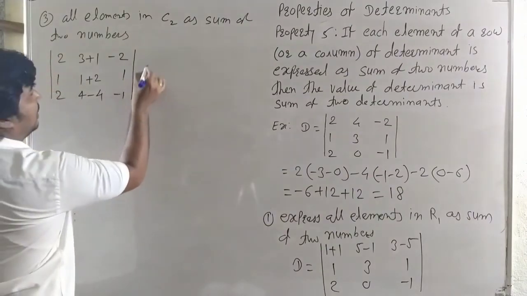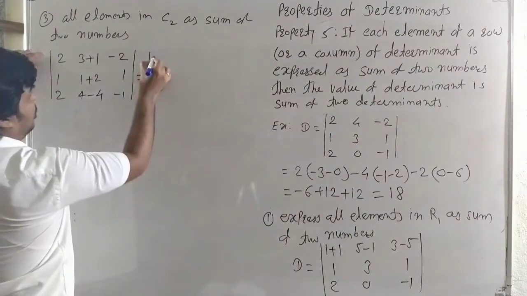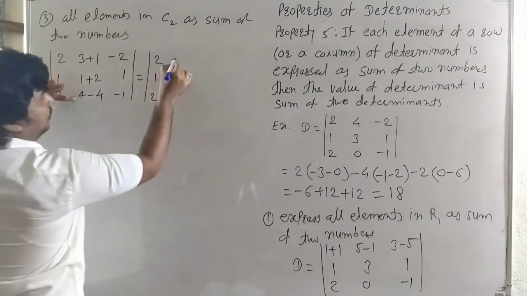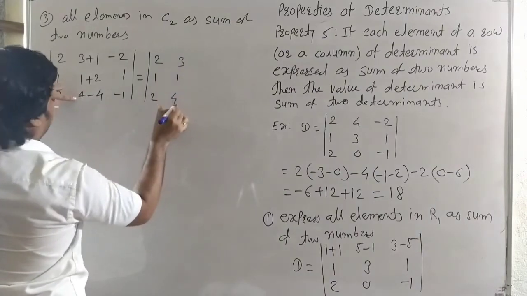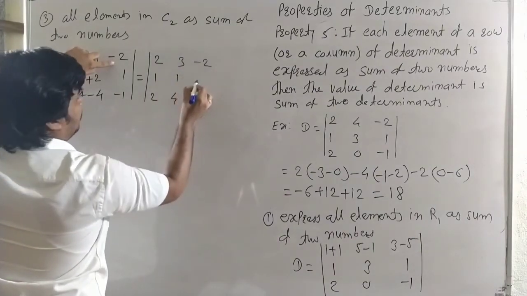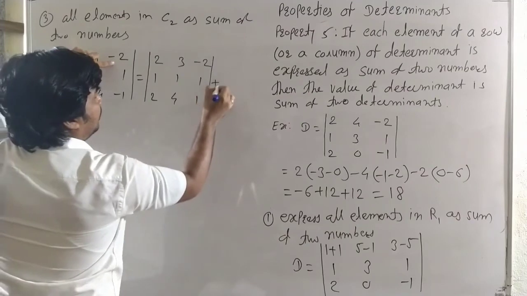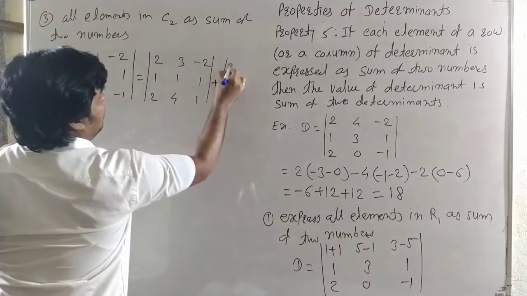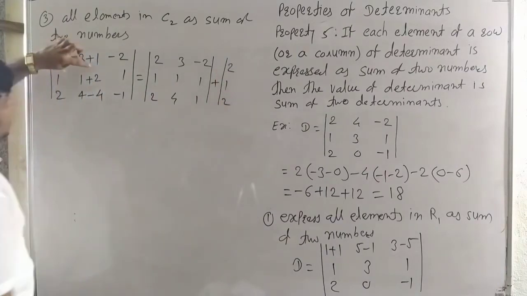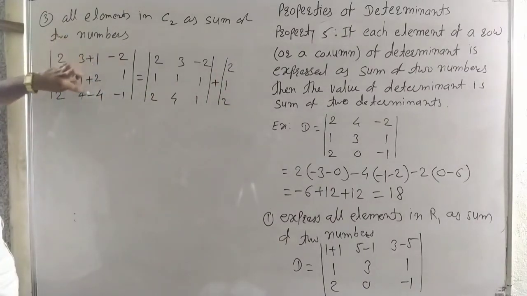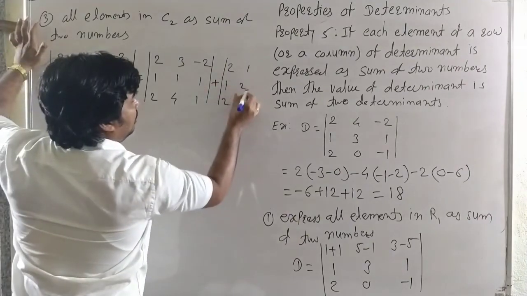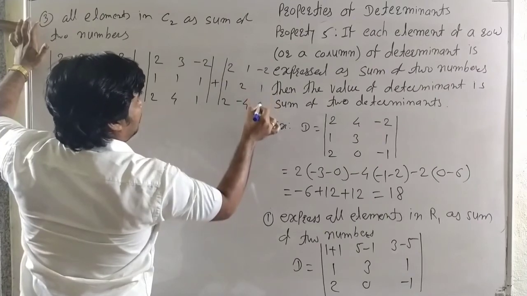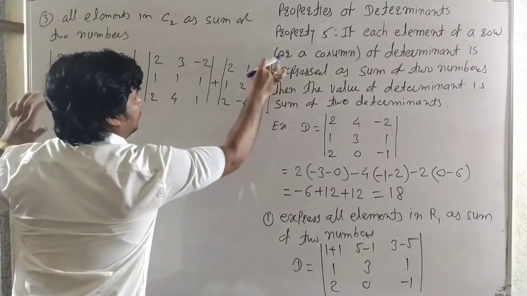Okay, here the second column is 4, 3, and 0. Then this can be written as first column 2, 1, 2, second column 3, 1, 4, third column minus 2, 1, 1, plus first and third column as it is, 2, 1, 2, and minus 2, 1, 1, and second column minus 1, 2 and minus 4.